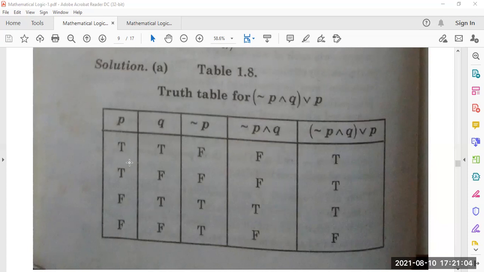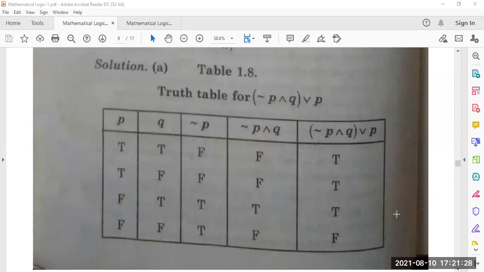For union, we know that if at least one is true, then the result is true. So this is P and this is negation P intersection Q. So TF is T, TF is T, FT is T, FF: here no T is present, so only this is false.